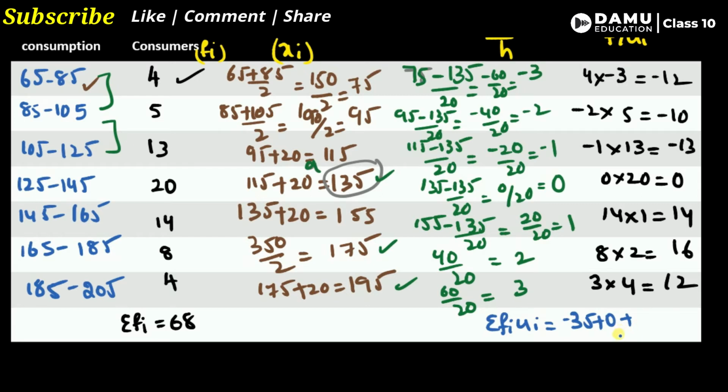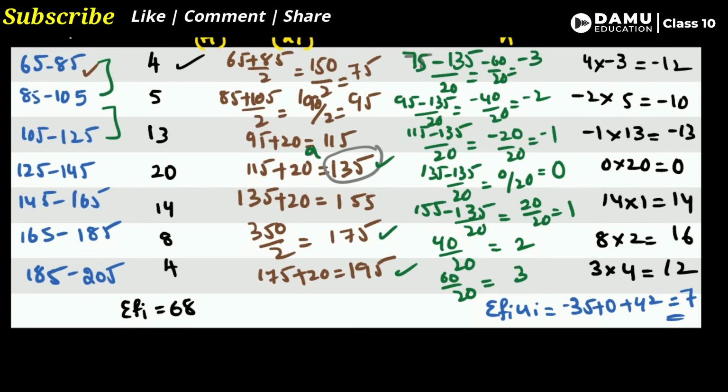So 14 plus 16 will be 30. 30 plus 12 is 42. So minus 35 plus 42, 42 minus 35, we will get 7. So that is the summation of fi ui.